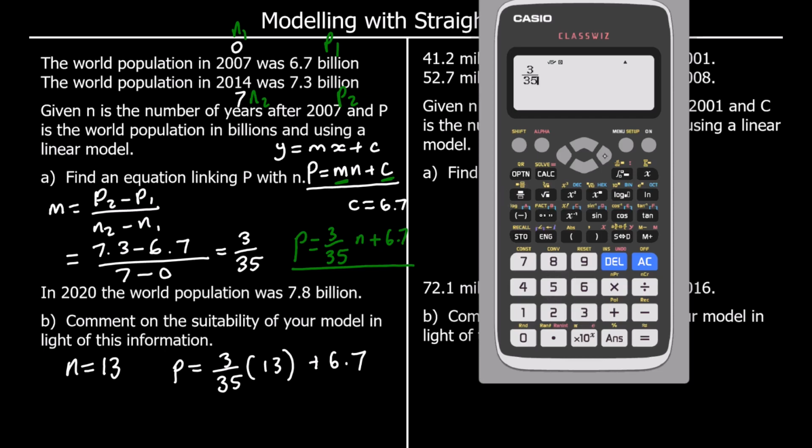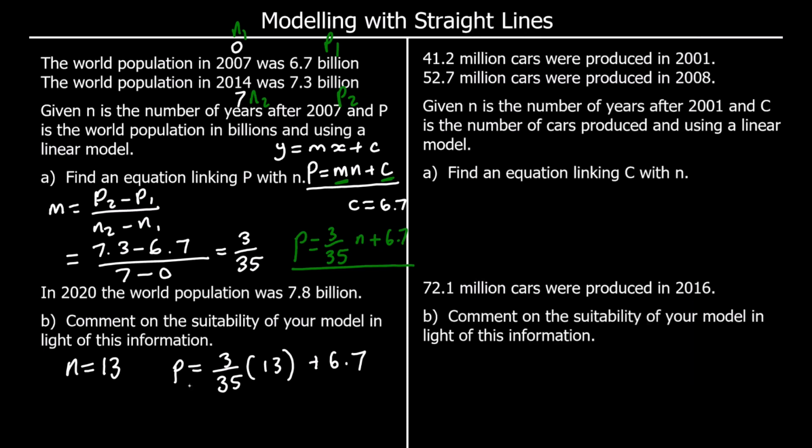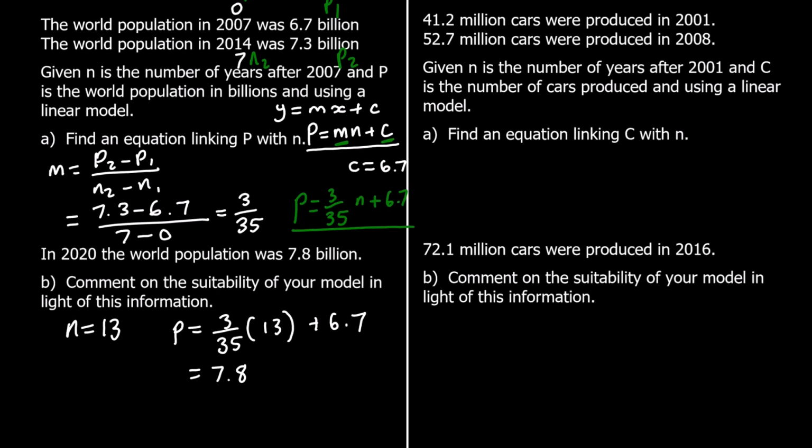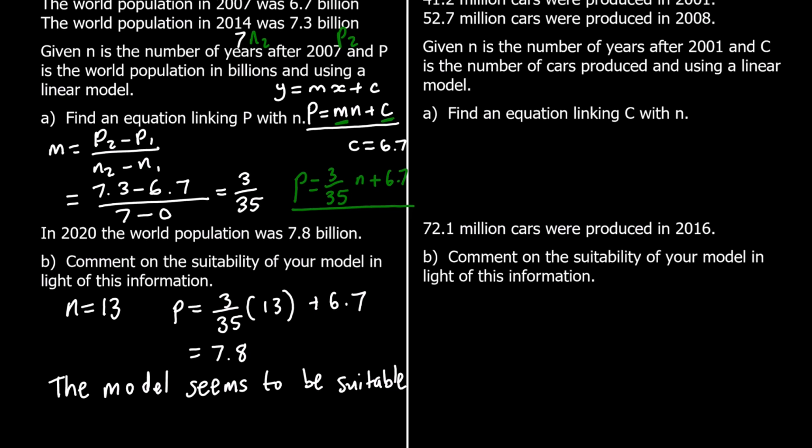Just type it into the calculator. And we get 7.8. So it seems the model is suitable, as the model predicts 7.8 billion in 2020.